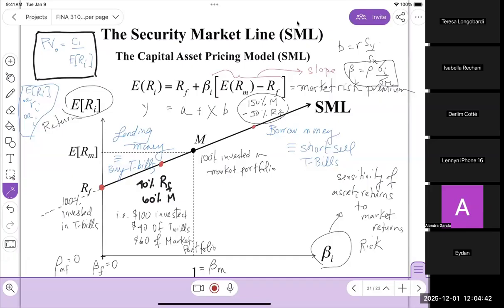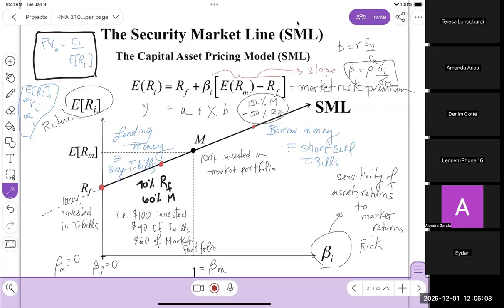So what I was saying is that all stocks and bonds are on this line. All projects are on this line. It's going to help you determine the expected return in efficient markets.